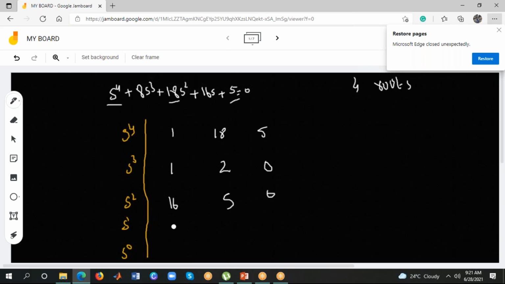Next, s power 1, first term. 16 into 2 is 32, minus 5, that is 27 by 16.